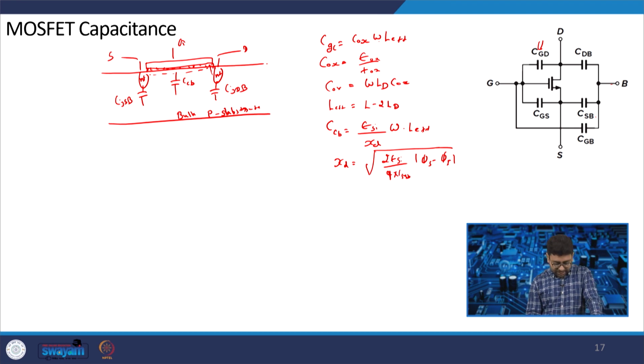Now, we will see how we can get the different capacitances when the MOSFET is in different regions of operation.